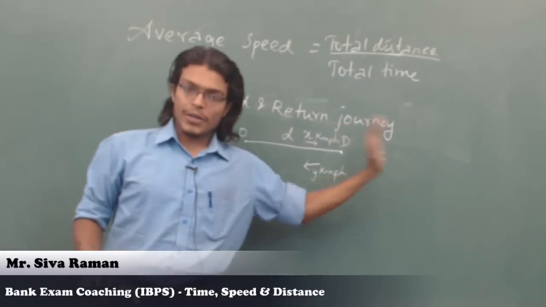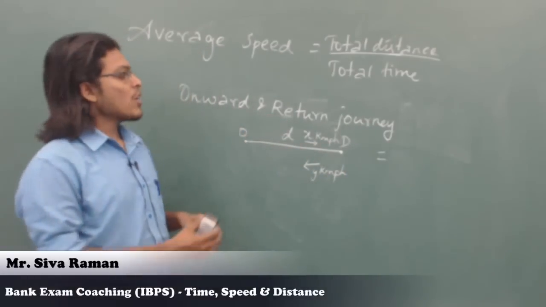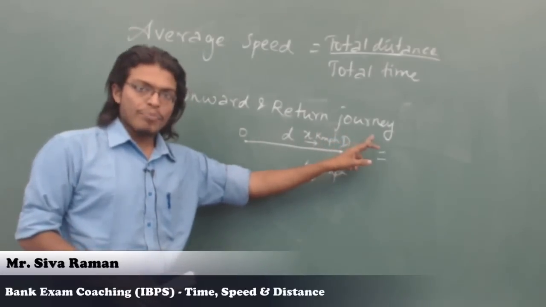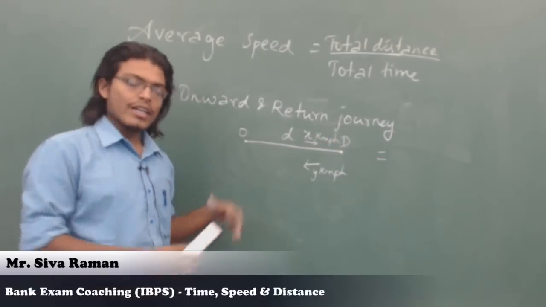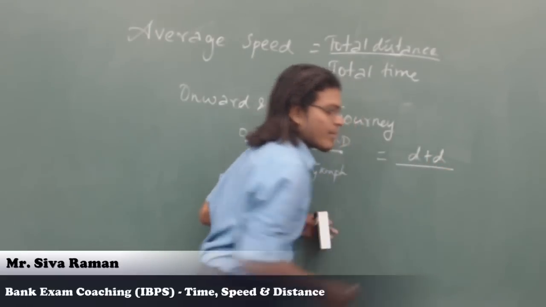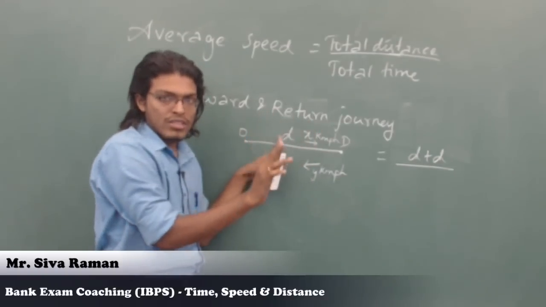So, you go to the destination and come back, but at different speeds. Right. What is the total distance traveled? In onward, it is d, and in return journey, it is another d. So, it is d plus d divided by, we have only distance and speed parameters, no time is given.